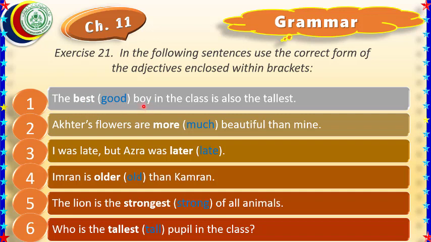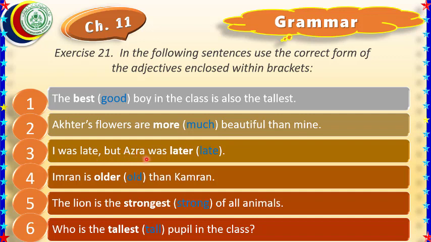We write the better boy when we compare one with another. But here we are comparing one with the whole class. Akhtar's flowers are more beautiful than mine. More beautiful is comparative degree, because we are comparing Akhtar's flowers with my flowers.